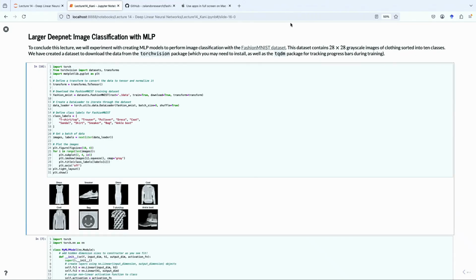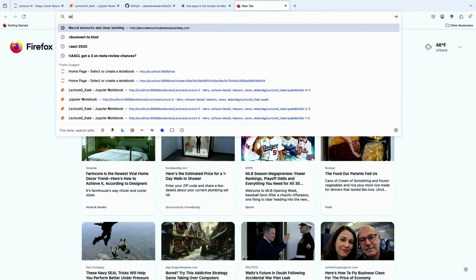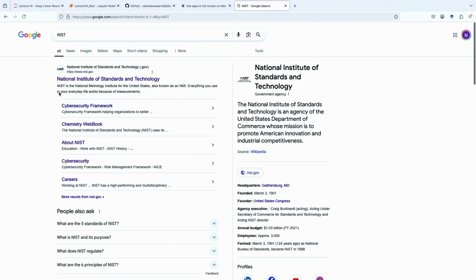So this is what's called the MNIST data set. MNIST, like the National Institute of Standards. What does NIST stand for? What was the last word in NIST? National Institute of Standards and Technology, right?